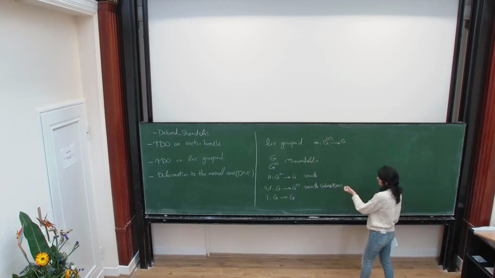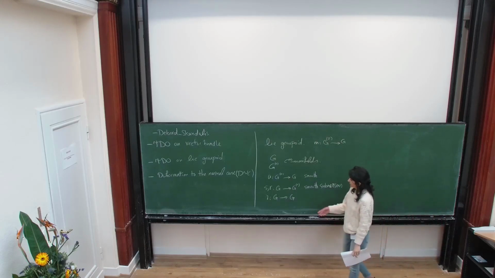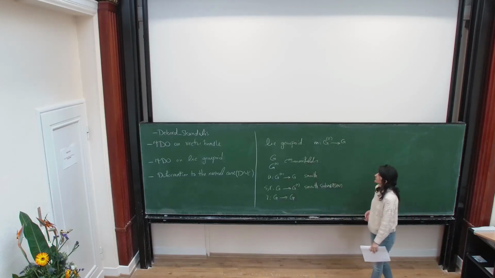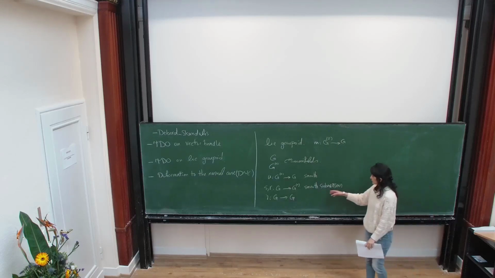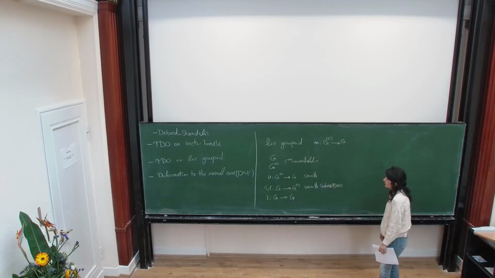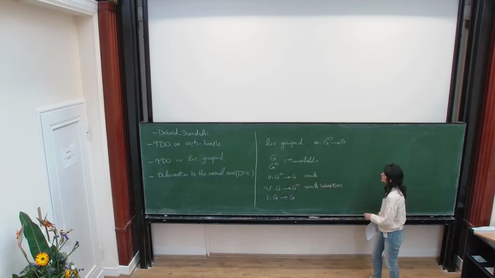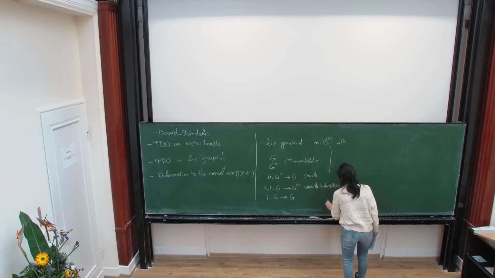As a consequence, the inverse is a diffeomorphism, G2 is a submanifold because we have the submersion condition here, and G0 is an embedded submanifold. So this is the definition of a groupoid.